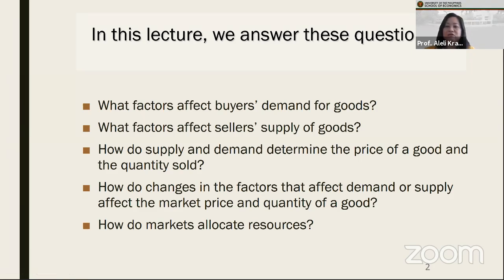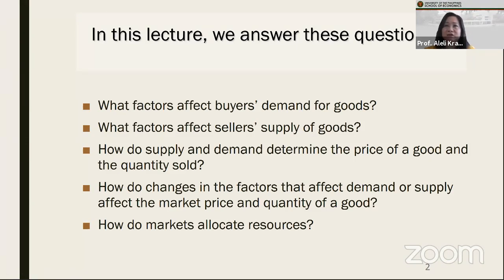In this lecture, we will also look at the interaction of demand and supply, and this interaction determines the price of a good and the quantity sold. So we'll see how these two determine the price of a good and the quantity sold. Then we will look at what we call comparative statics, meaning how the changes in the factors that affect demand or supply affect the market outcomes.